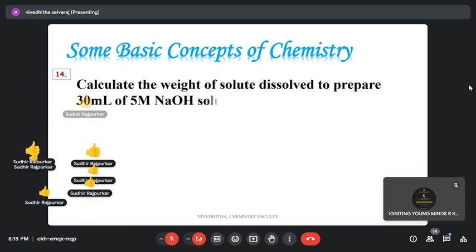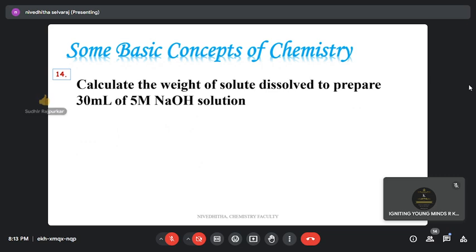Calculate the weight of solute dissolved to prepare 30 ml of 5 molar sodium hydroxide solution. This question is also from molarity, but here they're asking us to calculate the weight of solute and we are provided with the volume of the solution and concentration of the solution.